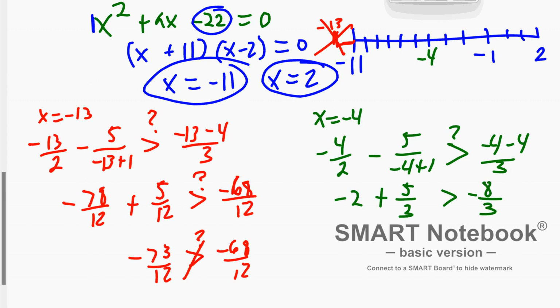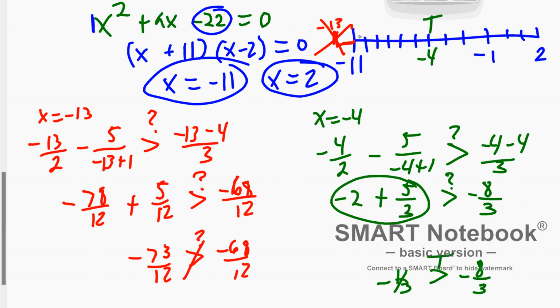Then we can combine these two, and so we get -1/3. So -1/3, is that greater than -8/3? Right, and since this negative is smaller than this negative, that would be true. So this is true, so that means our answers are in between -11 and -1.